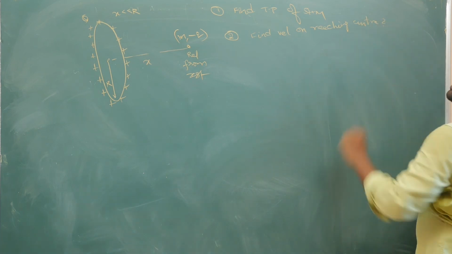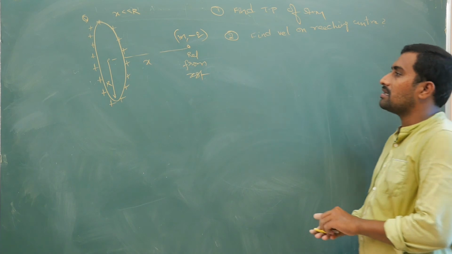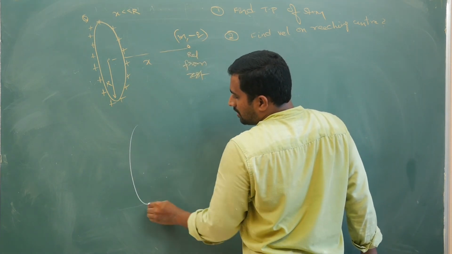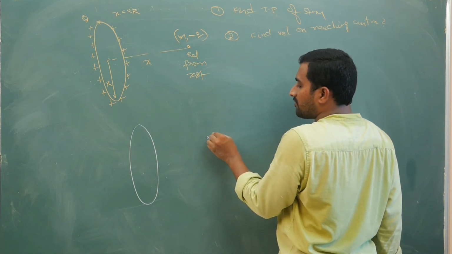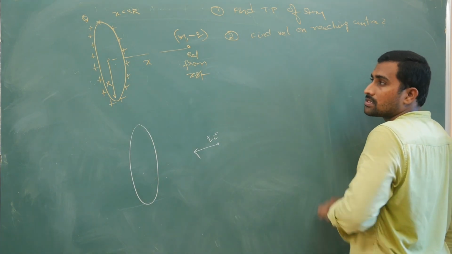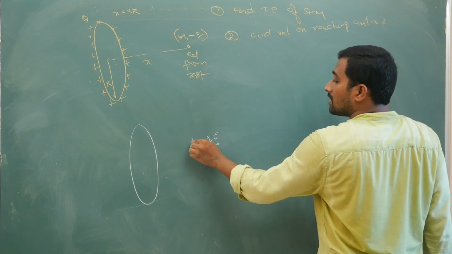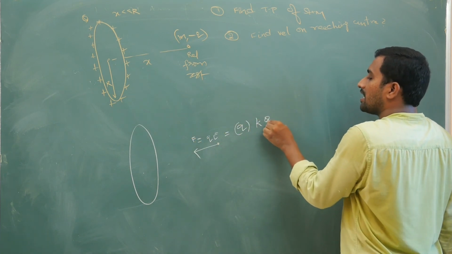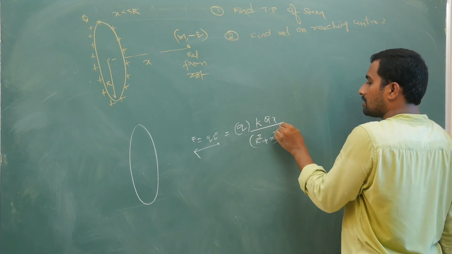So this is your next question. Now how will you solve this question? If you are releasing this particle, on this particle there will be a force of q into E towards left. Why? Because your field direction is towards right, on negatively charged particle your force is towards left, that is equal to q times E, where E is k into Q into x by r square plus x square whole power 3 by 2.